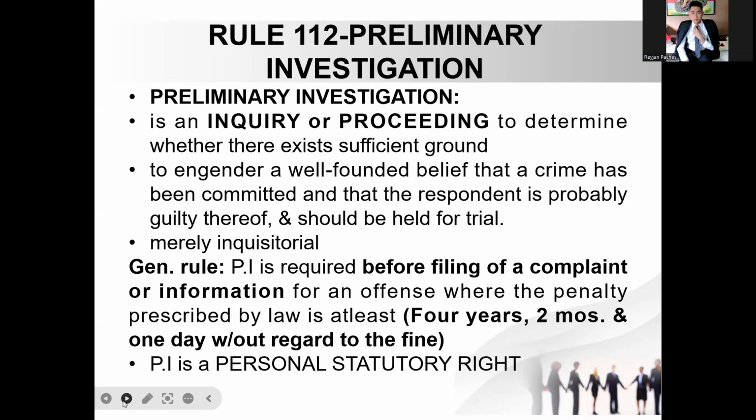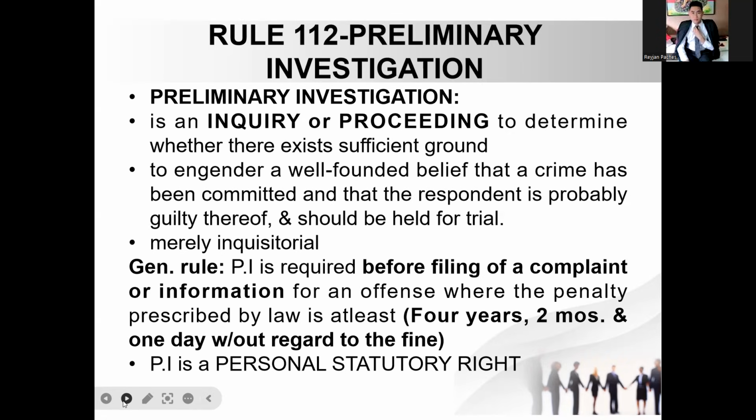Tandaan niyo ang ginagawa ng mga judges, ang strategy or procedure na to, ang tawag nila is what we call the preliminary inquiry. Again, ang ginagawa ng judge class is the preliminary inquiry. Ang ginagawa naman ng prosecutor, okay.